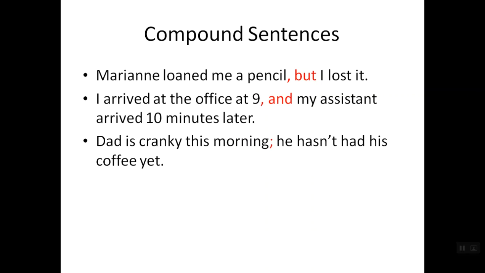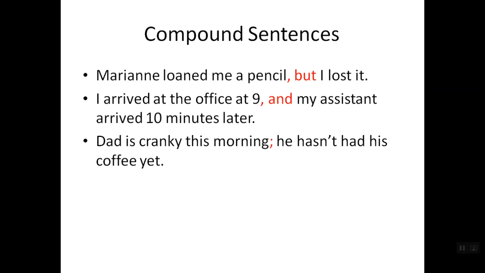Dad is cranky this morning. He hasn't had his coffee yet. Okay? It is a compound sentence. So, what is the coordinating conjunction and the comma? Now here, it's joined by a semicolon. So, can I put a semicolon instead of a comma and a coordinating conjunction? Yes, you can. Any conditions? Yes. The two independent clauses must relate.